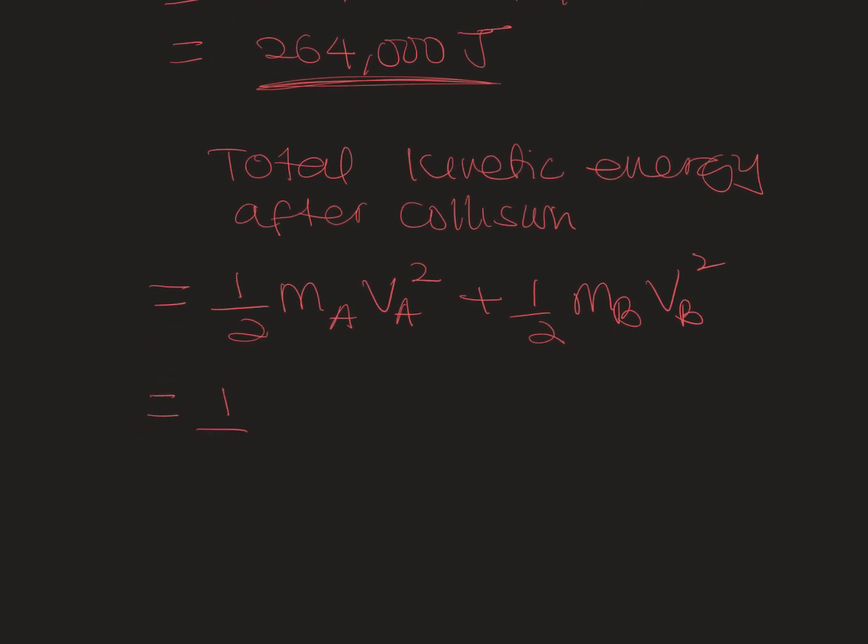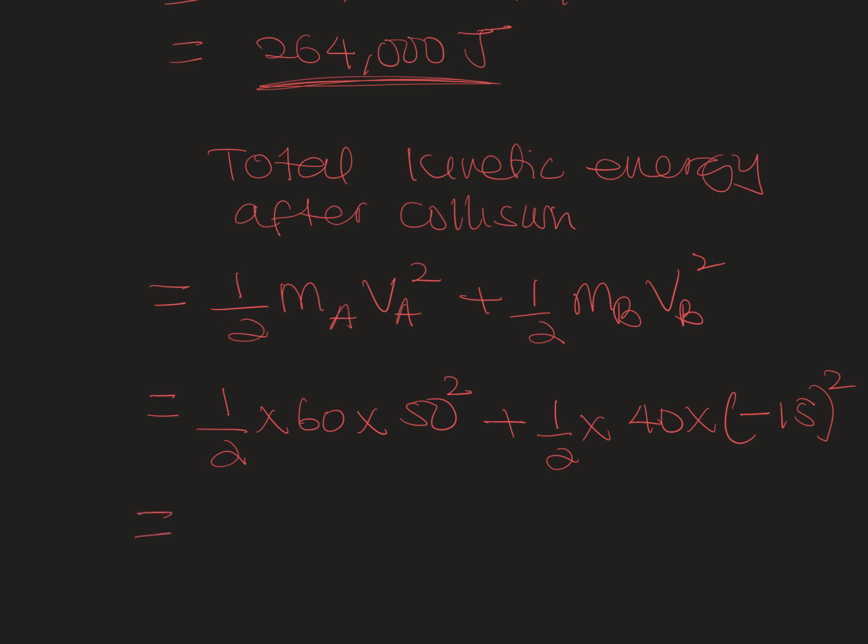This is going to be half, the mass of A is 60 kilograms multiplied by the final velocity 50, squared, plus half, the mass of B is 40 kilograms multiplied by the final velocity that we calculated, negative 15, then square that.